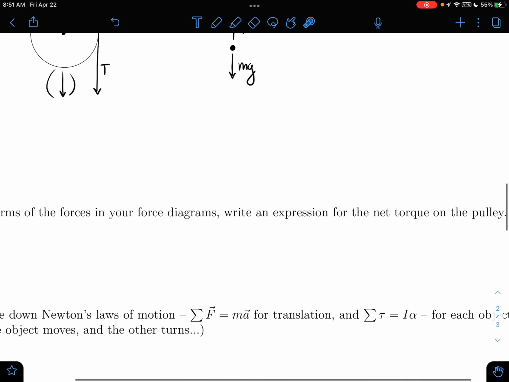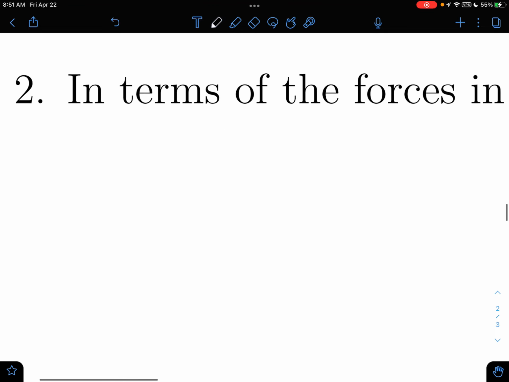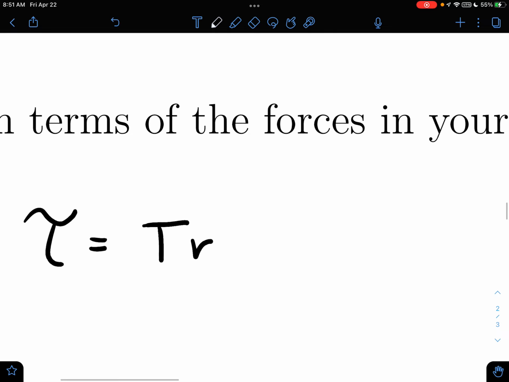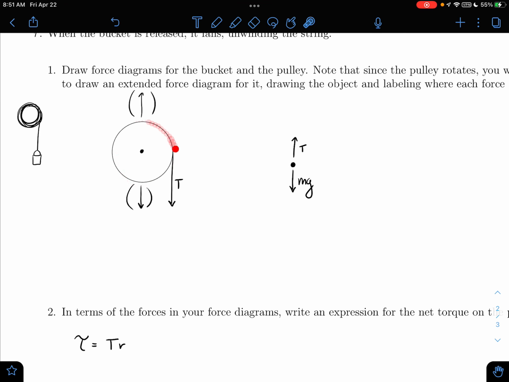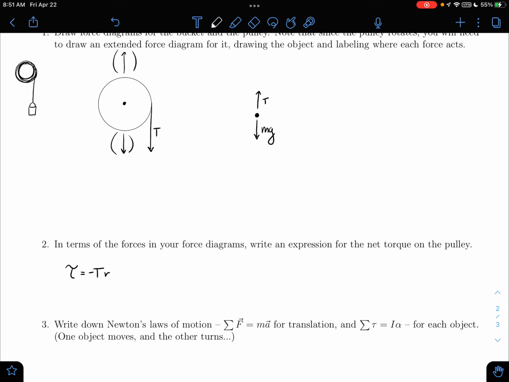And now we can say that, in terms of the forces, our torque on that pulley is going to equal the tension in the rope, tension in the string, times the radius of the pulley. And since it's going clockwise, down this way, going around like that, that is a negative torque.